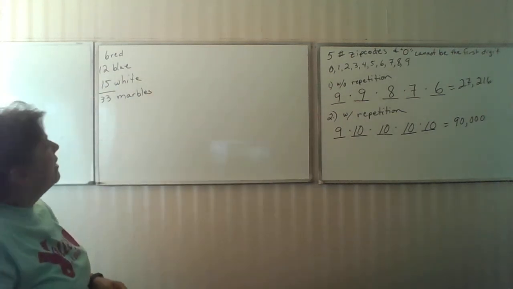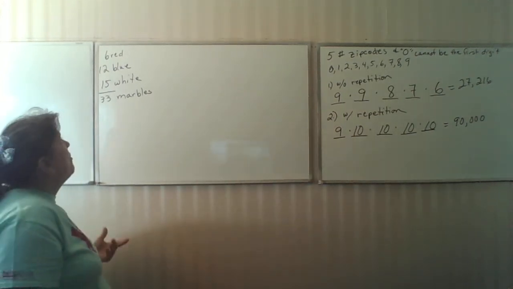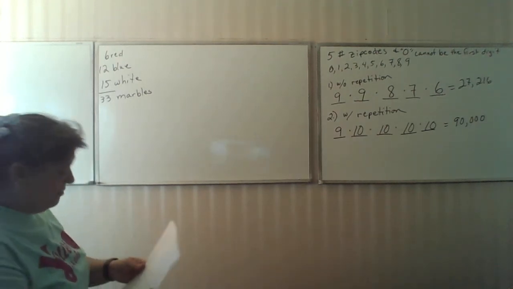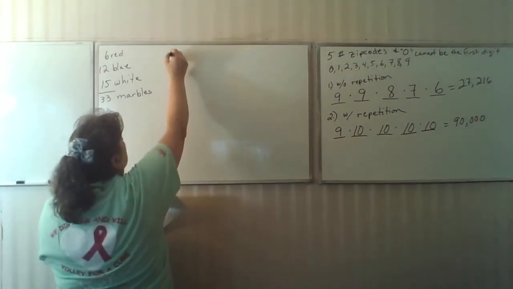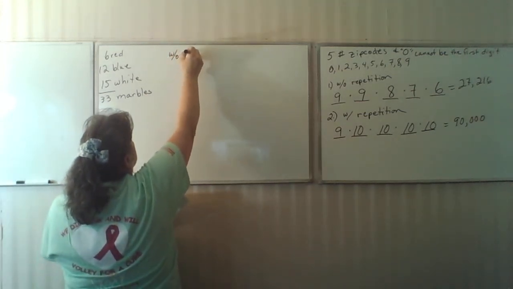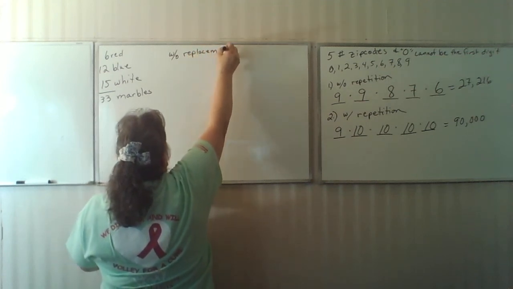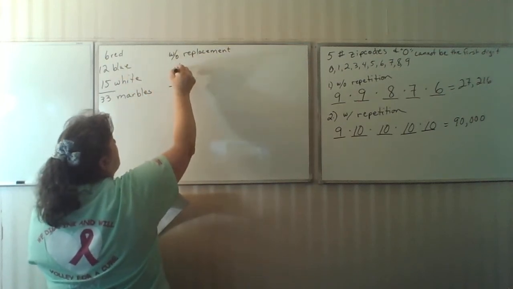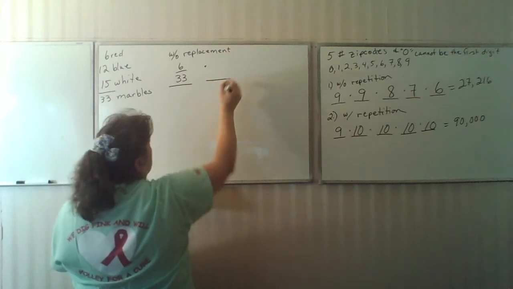Now, let's look, how do we figure out what our probability is of drawing a red marble 3 times? Okay? We're going to do it first without replacement. So if I draw a red marble on the first one, I have 6 out of 33 chances of drawing that red marble on my first draw.